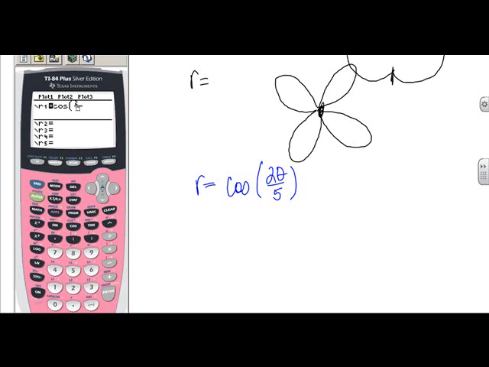So I'm going to start with the viewing window that I've looked at so far. And that's an interesting curve, but obviously we don't have a complete graph yet. My window right now is 0 to 2 pi, and 0 to 2 pi is not showing me everything I need to see.